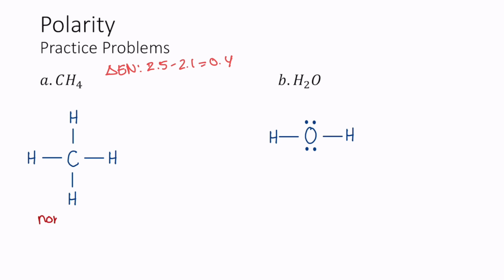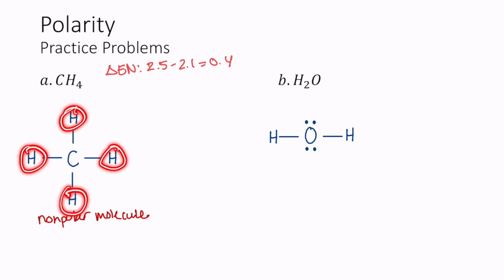This is going to be a nonpolar molecule. We can also know it's a nonpolar molecule because my central atom is bonded to 4 atoms that are all the same. And I do not have a lone pair on my central atom. It is a nonpolar molecule.